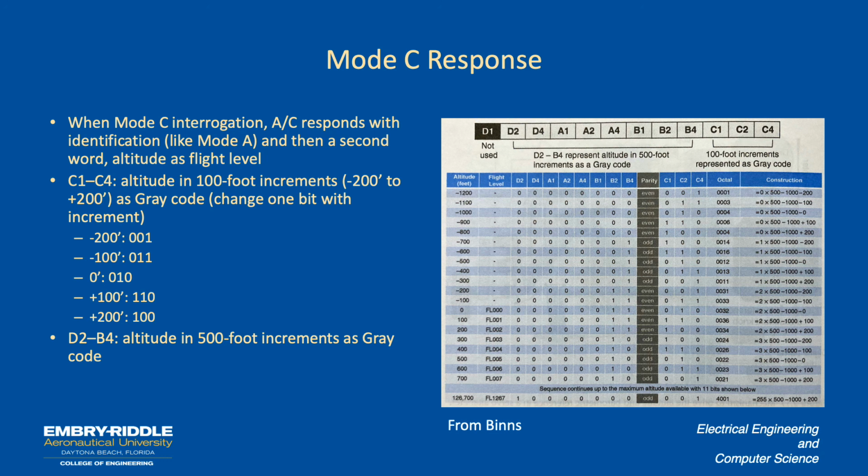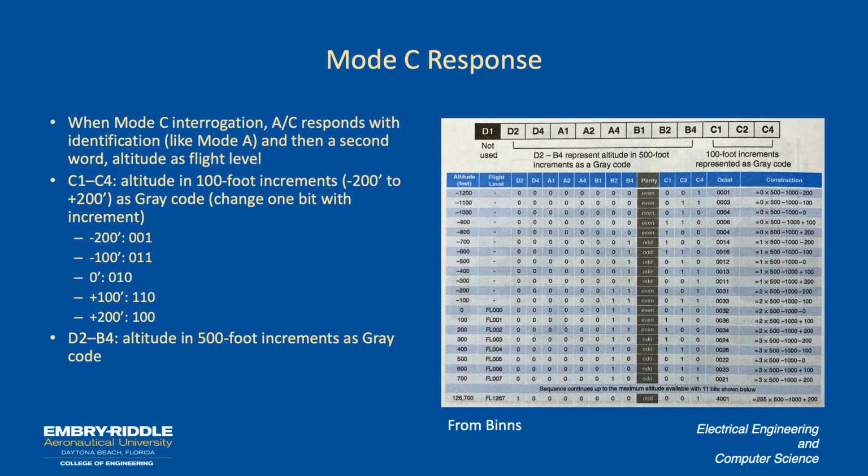D2, D4, A1, A2, A4, B1, B2, B4 columns as you go from flight level 0 to flight level 1 to flight level 2, etc. Of course, those are all the same 500-foot chunk, but then as you increment up to the next 500-foot chunk, you go from one code to the next.